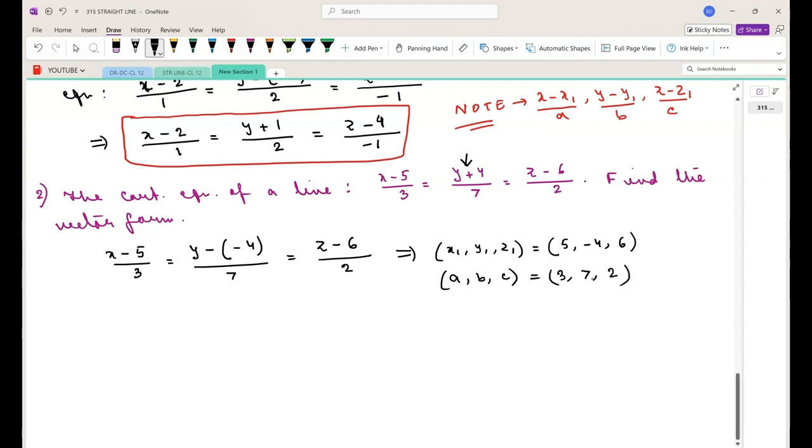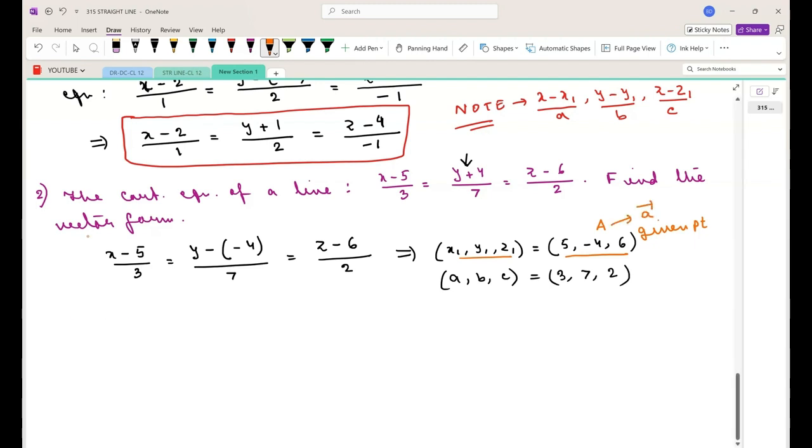Right. Now from here we want to go to vector form. Again, I'm not going to go through the elaborate process, just directly will do. Now remember, how do I get the position vector? This is the given point on the line, which we took in the formula as A, whose coordinates are x1, y1, z1. In order to take it to the vector form, we need to find the position vector of this point.